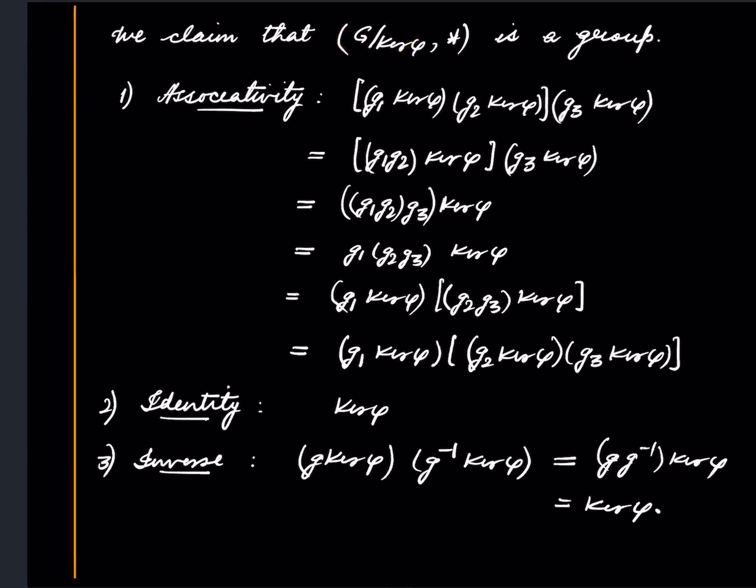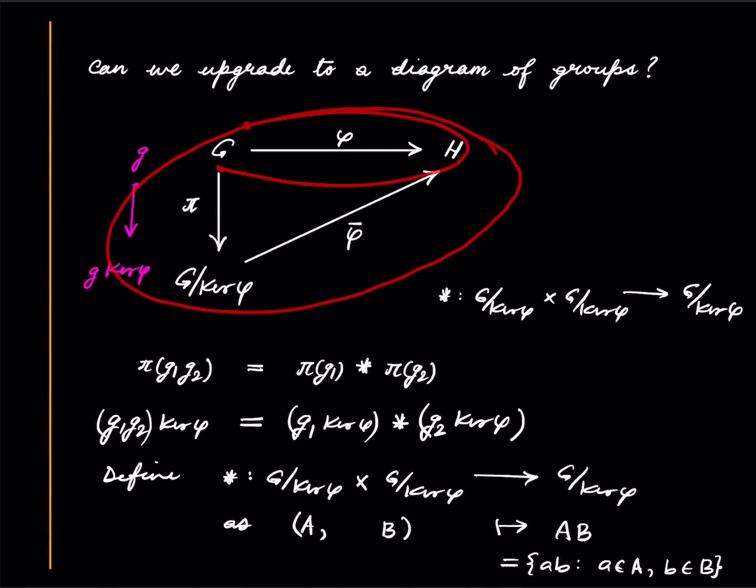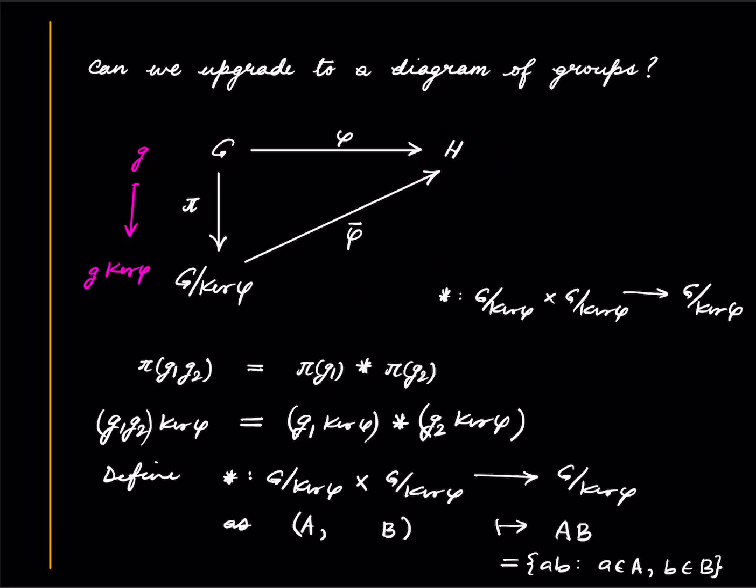Okay, to summarize, we had a diagram of sets where the thing above was living in the world of groups. So we wanted to upgrade the structure of this to a group. It's a natural thing to ask for. It may be too much to ask for a priori, but it turns out that there is a unique candidate for a group structure here such that pi becomes a group homomorphism.